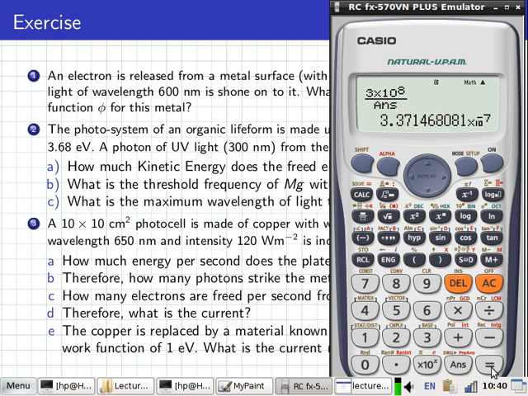And that's it there. Let's make it micro. 337 nanometers. Is it UV? Well, actually, yeah, it's UV. You're right, sorry.